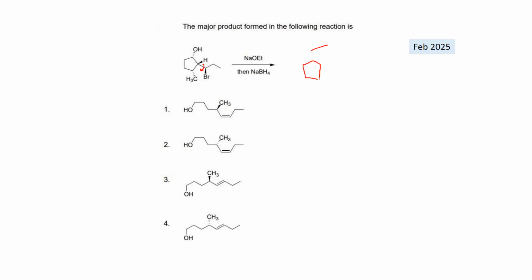So if you just rotate this bond, this H comes here. So this can easily undergo anti-elimination, because H and Br are not in the same plane anymore.